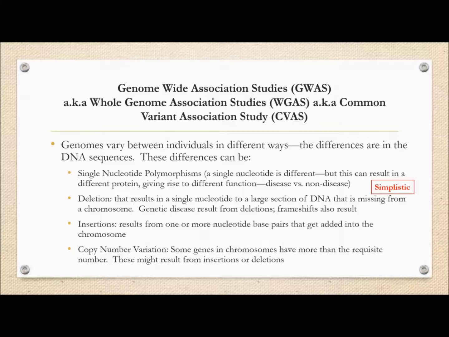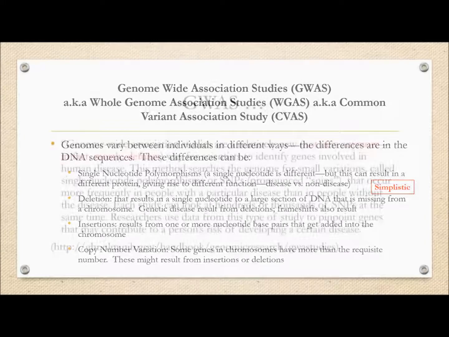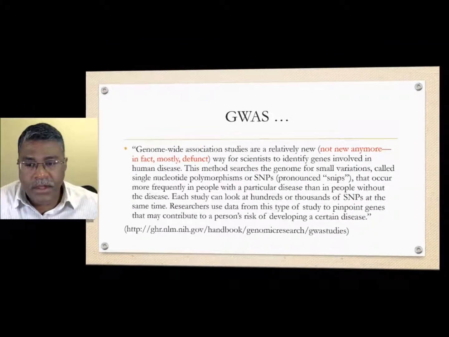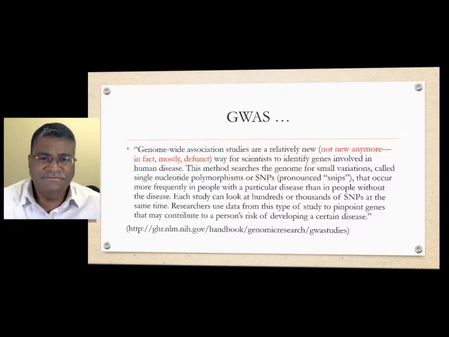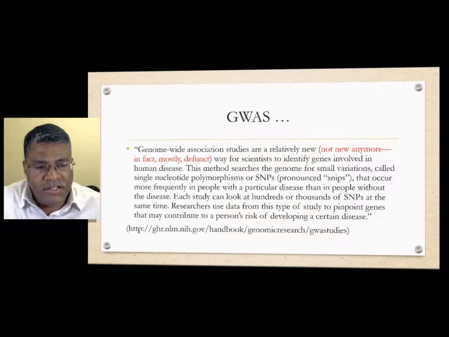So the idea that one disease resulted from one SNP was simple. If you look at the National Library of Medicine, National Institutes of Health resource, and look at the definition of GWAS, genome-wide association studies are relatively new, so obviously this is a little outdated.